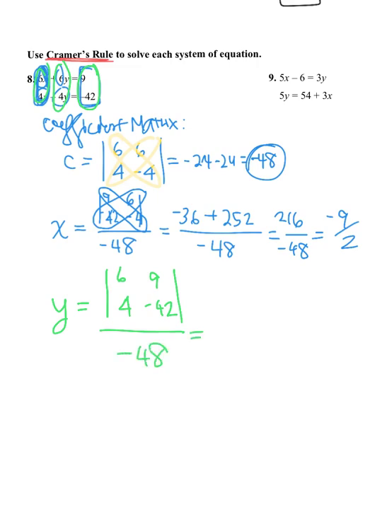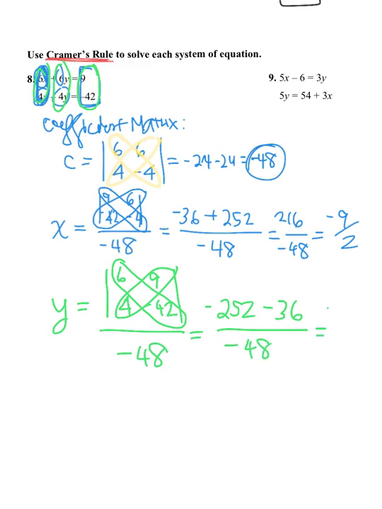All right, so we're going to multiply, and we get 6 times negative 42 was negative 252. And I'm going to subtract the product of the other diagonal, minus 36.